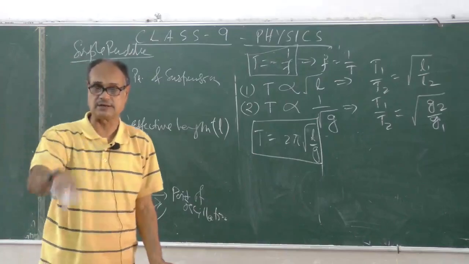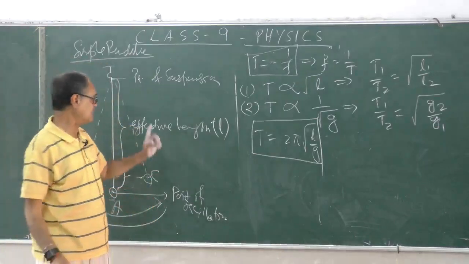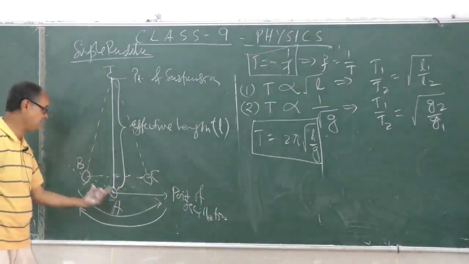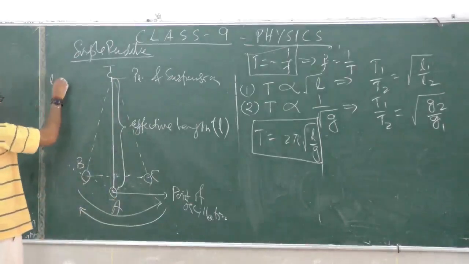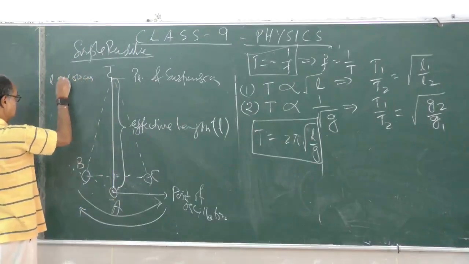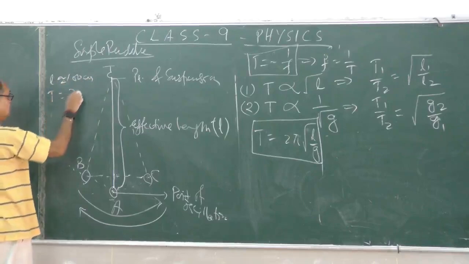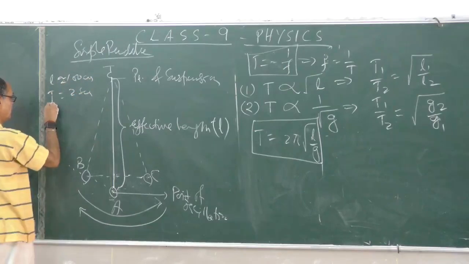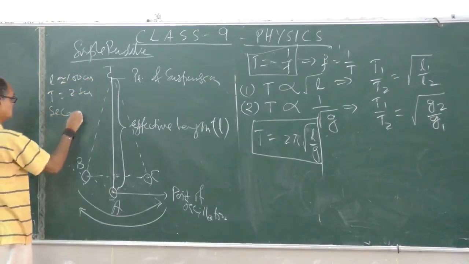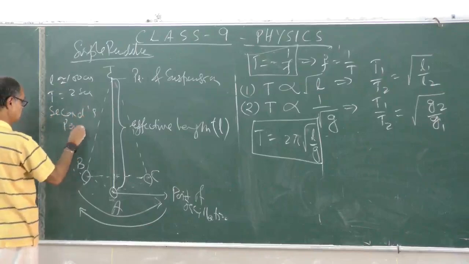That is the more important term. So 100 centimeter of length and time period being 2 seconds. L will be approximately 100 centimeter and T will be 2 seconds. This will be called a seconds pendulum.